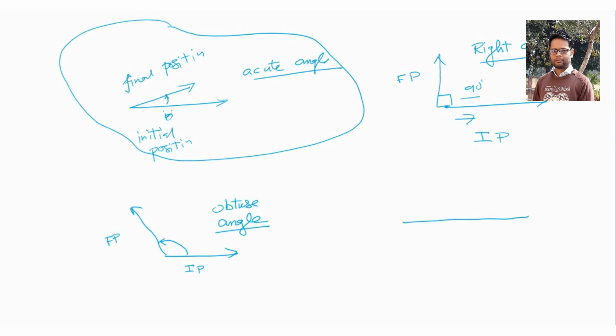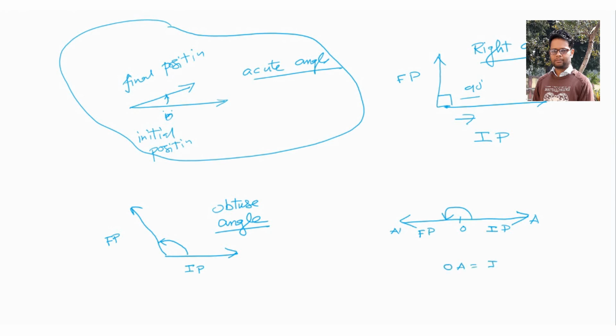Here, this angle: this is the initial position, this is OA, this is OA dash. This one is the initial position, this is the final position.